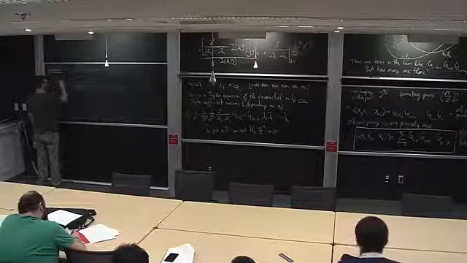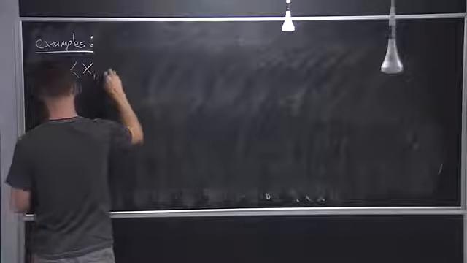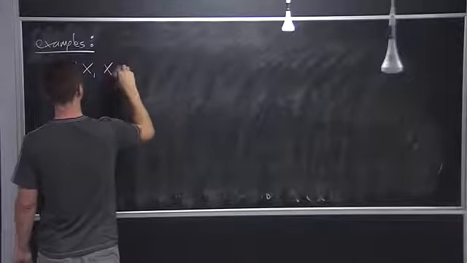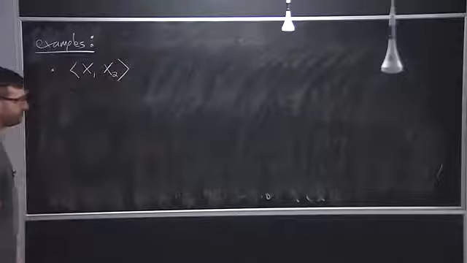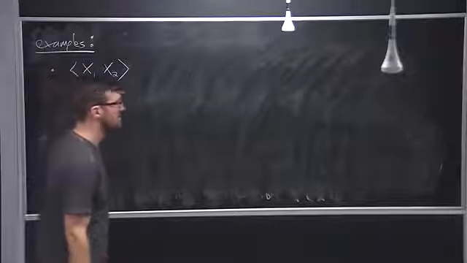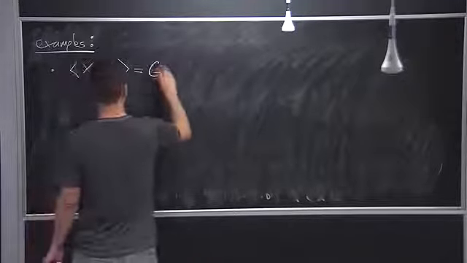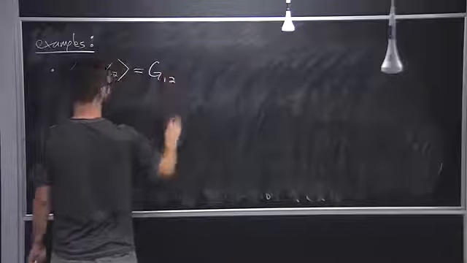So for example, if I had two variables, there's only one possible pairing.